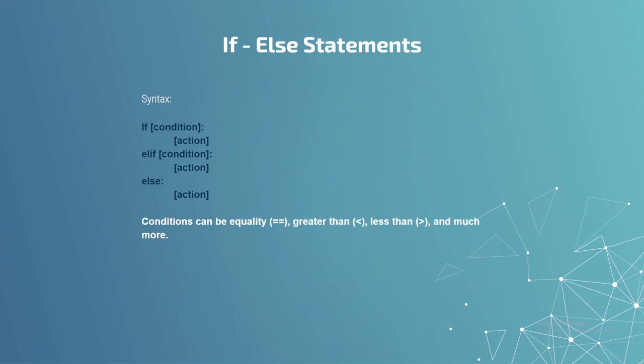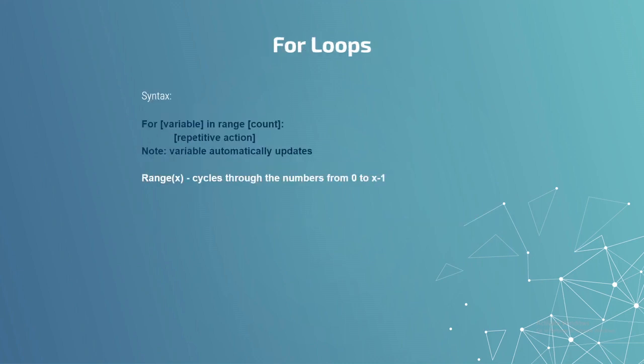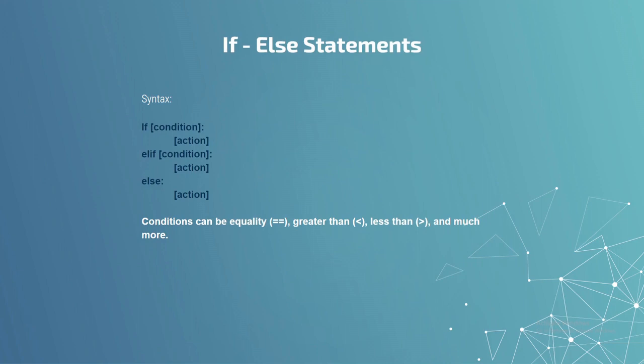Finally, if-else statements. If-else statements are a basic type of conditional, where if a condition is met, an action happens. The other two parts of the syntax, the elif and else blocks, are not necessary, but they're quite useful as well. For all if statements and while loops, keep in mind that the condition has to be a Boolean expression.